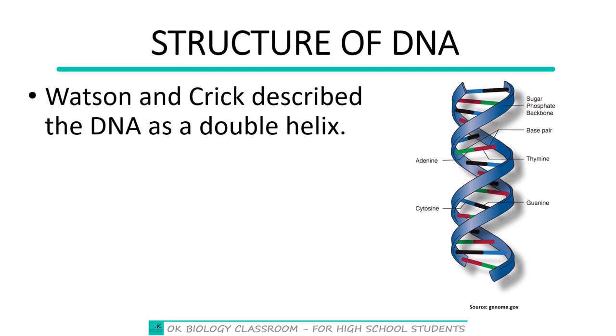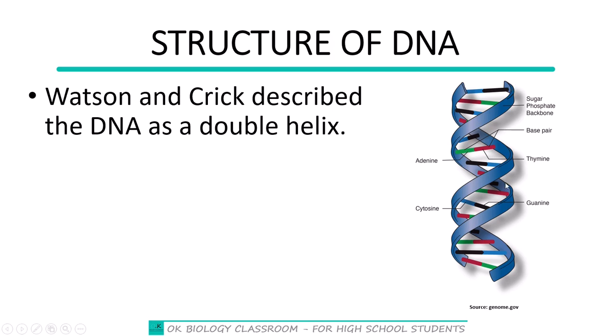We can understand their description of the structure from here. We see that this is one part of the DNA molecule, and we call this a strand. So this is one strand of the DNA molecule. And this one is another strand of the DNA molecule.